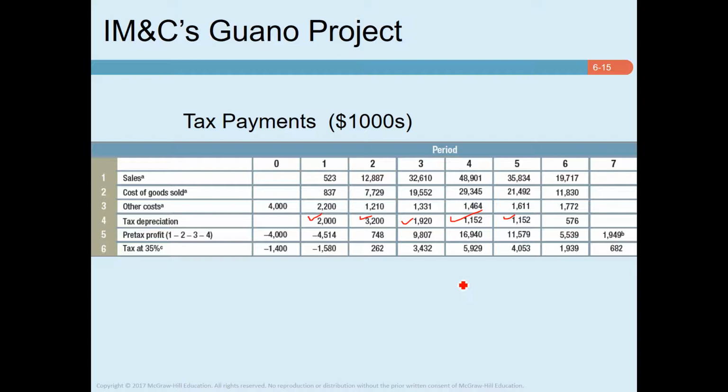So this is how depreciation is calculated, and then as we deduct this tax depreciation, other costs, and cost of goods sold from sales, we have pre-tax profit, and on those pre-tax profit we calculate taxes.